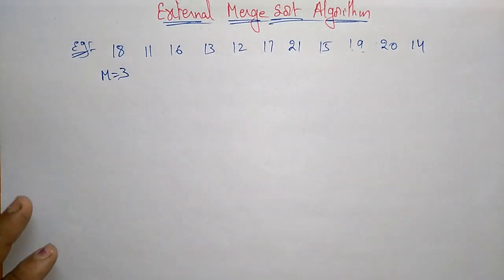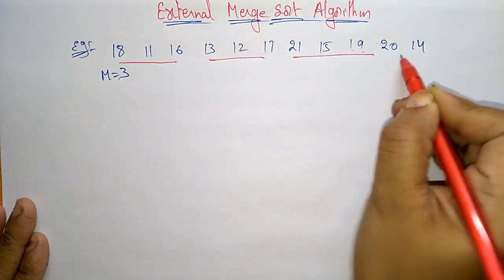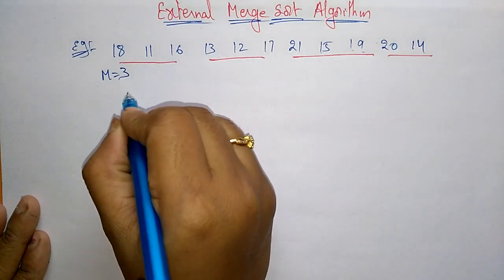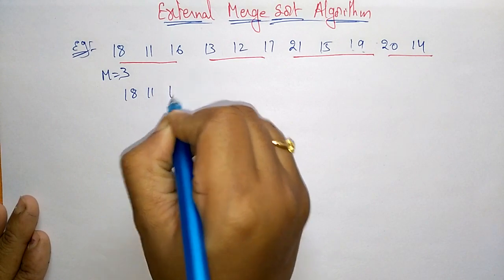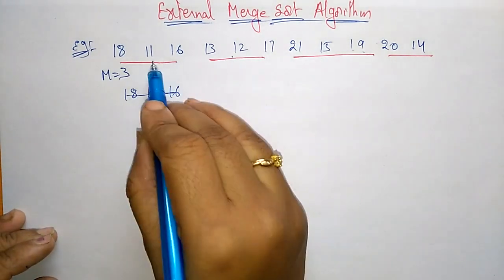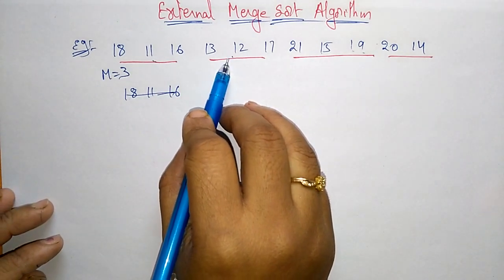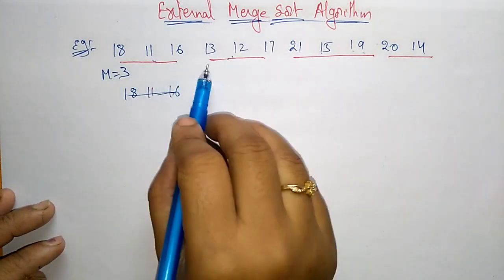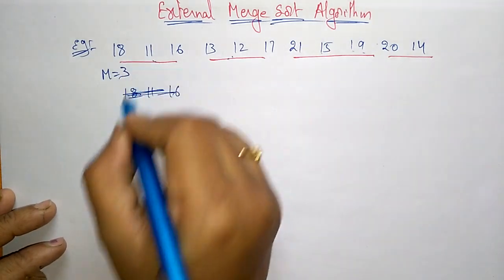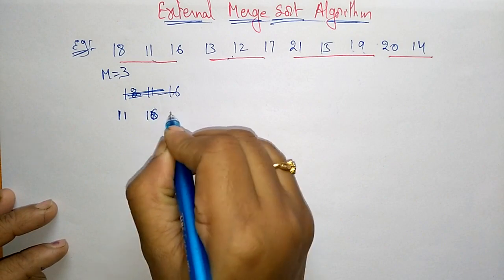Now you have to take only 3 values at a time. If it is 2, no problem, leave it. First 18, 11, 16. You arrange these in sorted order: 11, 16, 18.